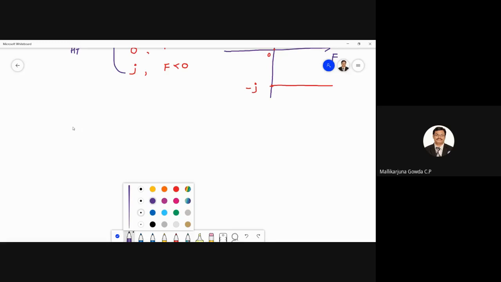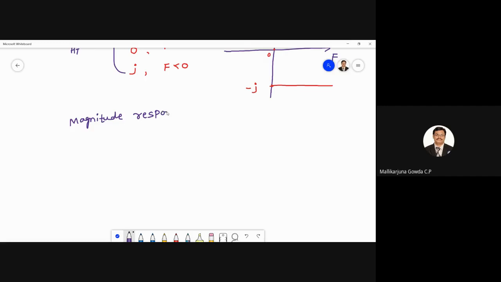So only for complex things are we finding the magnitude and phase response, right? Let me say, what is the magnitude response of this? How do you find the magnitude response?